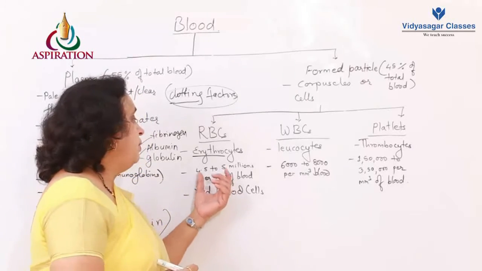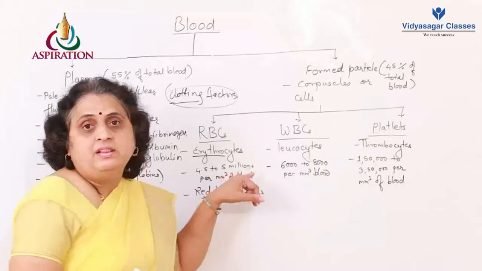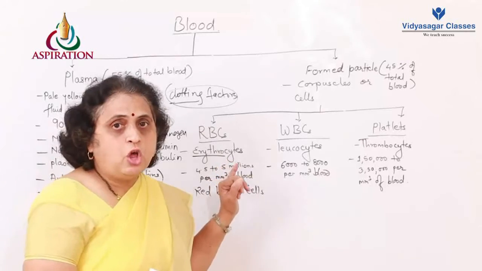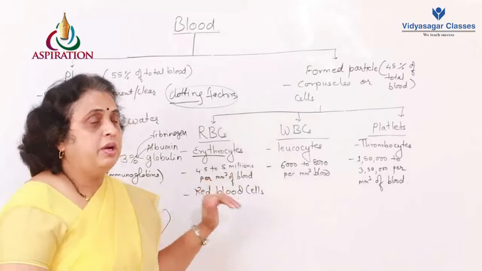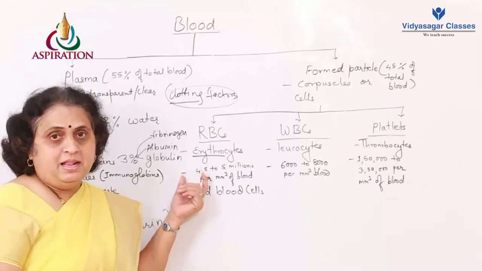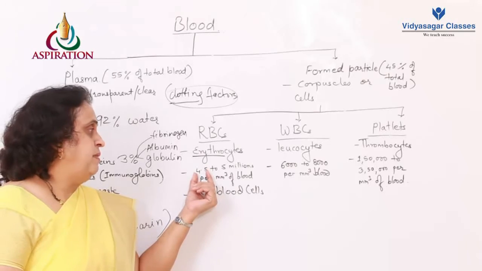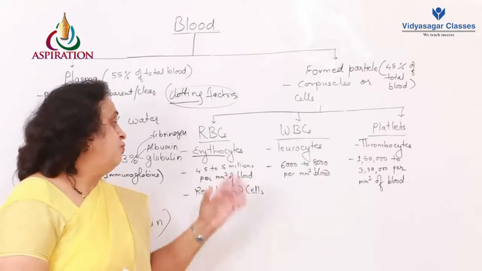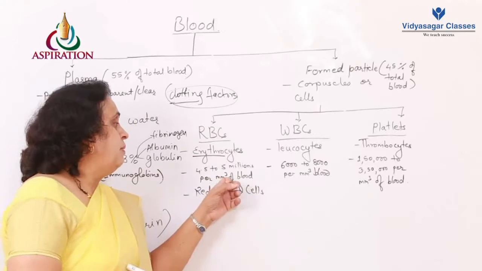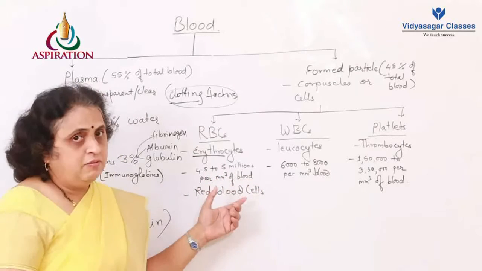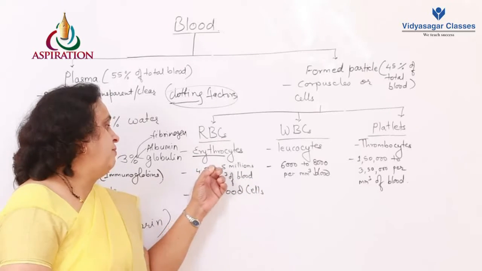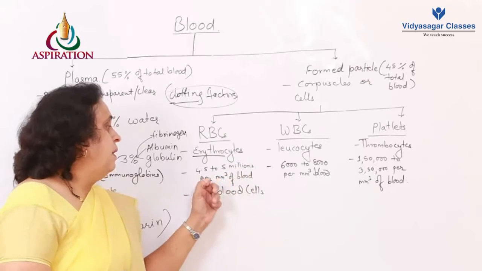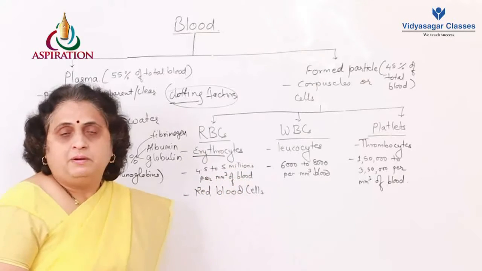Now, how am I going to describe the 4.5 to 5 million range, which I should consider as normal? Generally in females, we have fewer RBCs compared to males. In males, we have almost 5 million per cubic millimeter of blood, whereas in the normal female, I consider 4.5 million per cubic millimeter of blood.